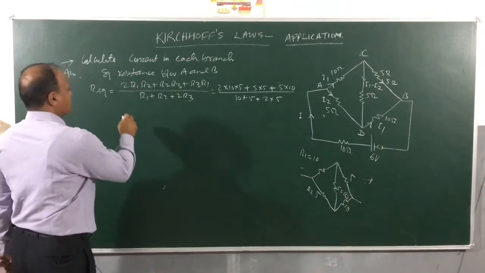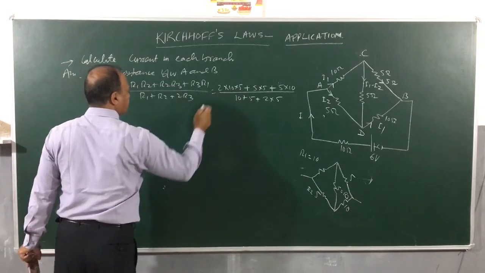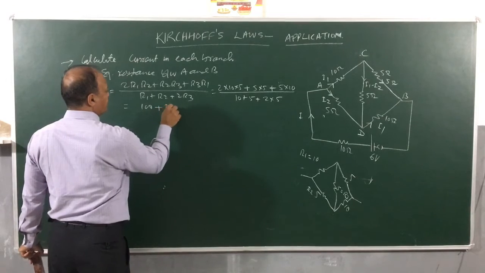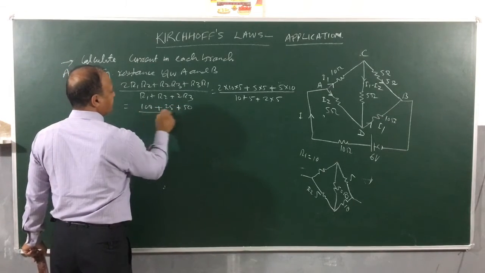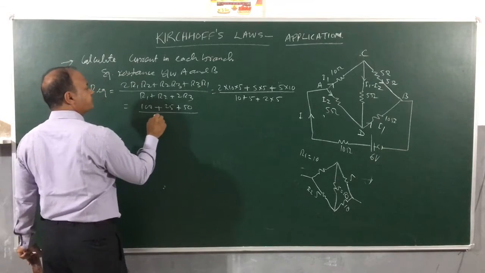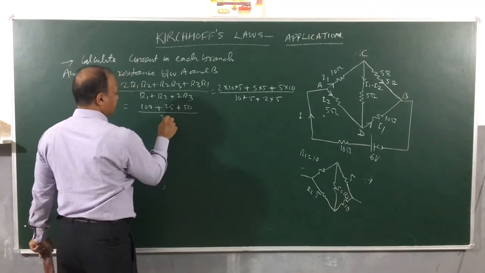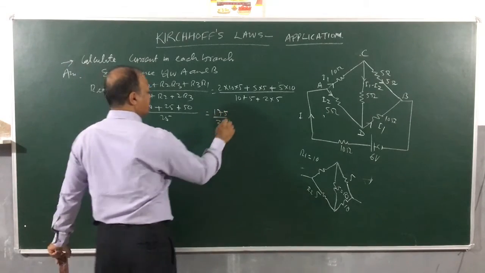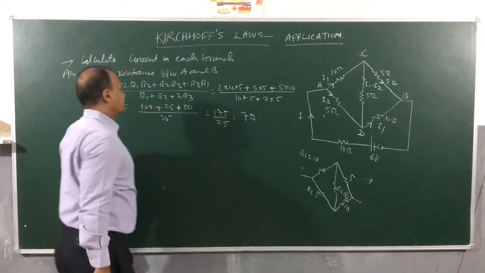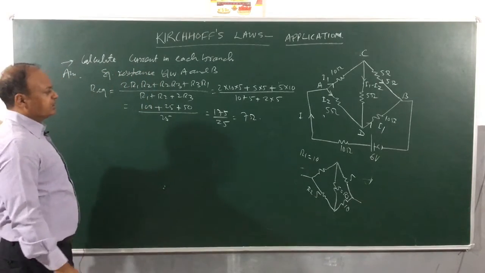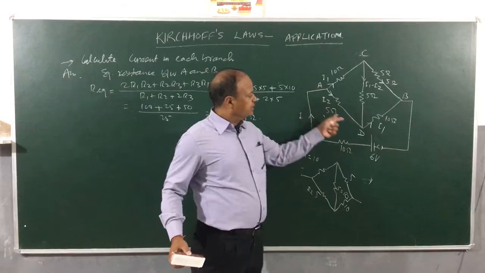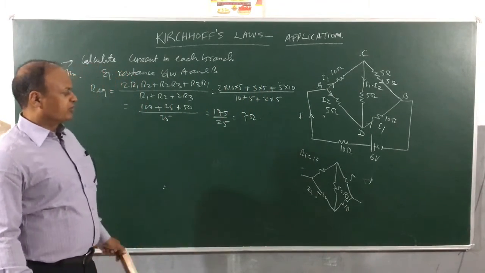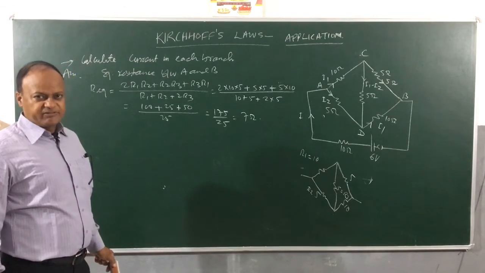Very easily you can calculate how much you get. 100 plus 25 plus 50 divided by 15 plus 10, 25. So 175 by 25, 7 ohms. So we calculated the equivalent resistance of this Wheatstone's bridge, and we got 7 ohms.